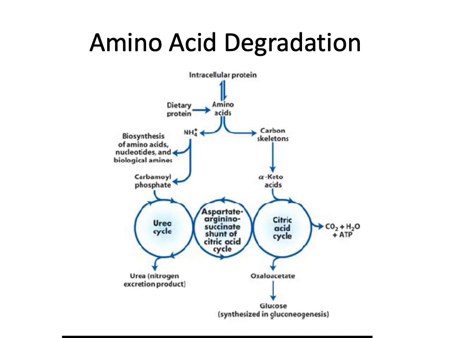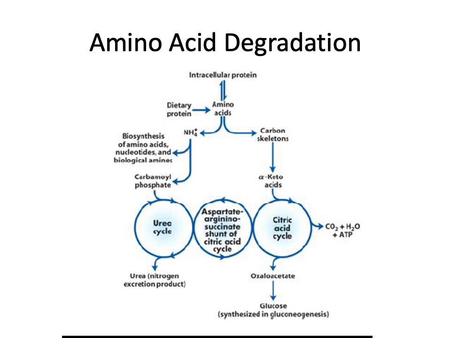So I want to come back to this idea once again. If we have an excess of amino acids, or if we are looking for a source of energy through dietary protein, amino acids can be deaminated.